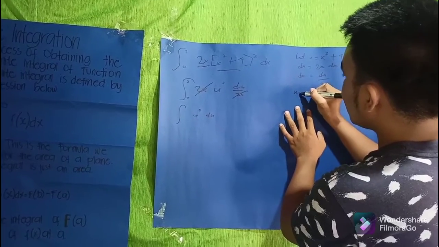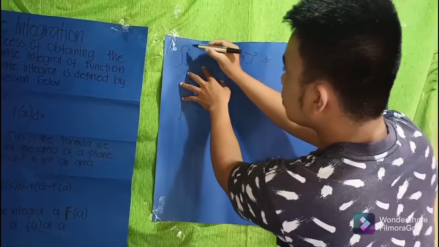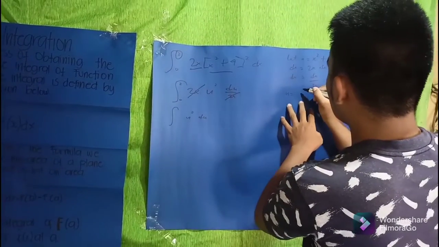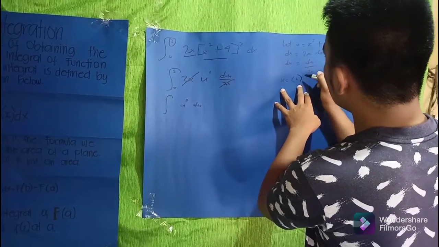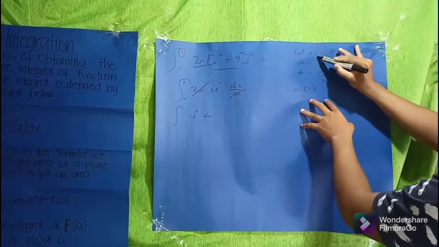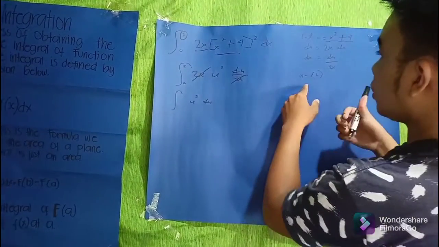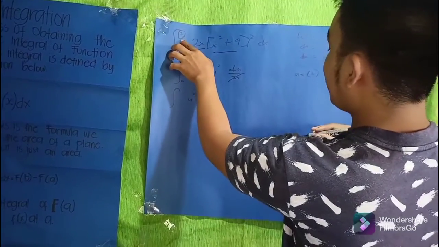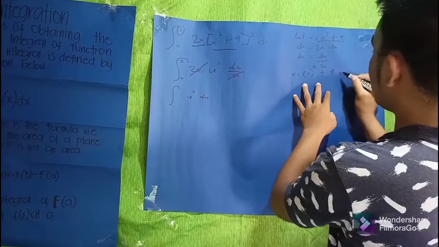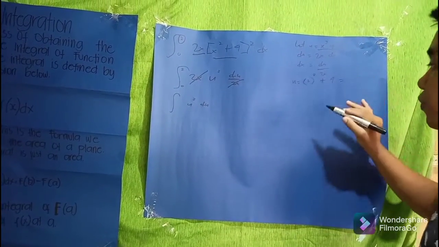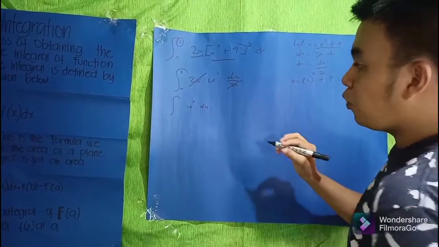So u is equal to, we will use this expression first, the upper limit: 2 to the second power plus 4 is equal to 2 raised to 2 is equal to 4, plus 4 is equal to 8. So our new upper limit now is 8.